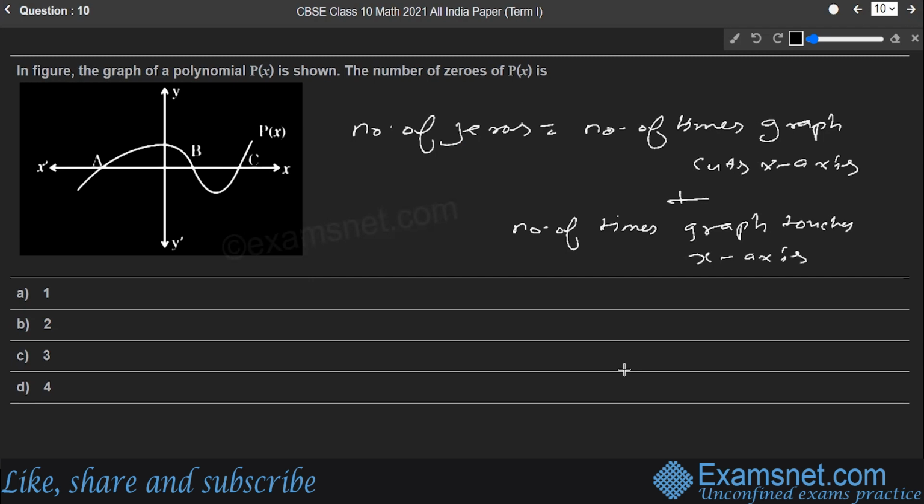This is how we can calculate. So how many times is the graph cutting? It is cutting at A, at B, and at C also. So we can write this as 3 plus 0, that is nothing but 3. So the right answer for this question is 3. The number of zeros is simply 3.